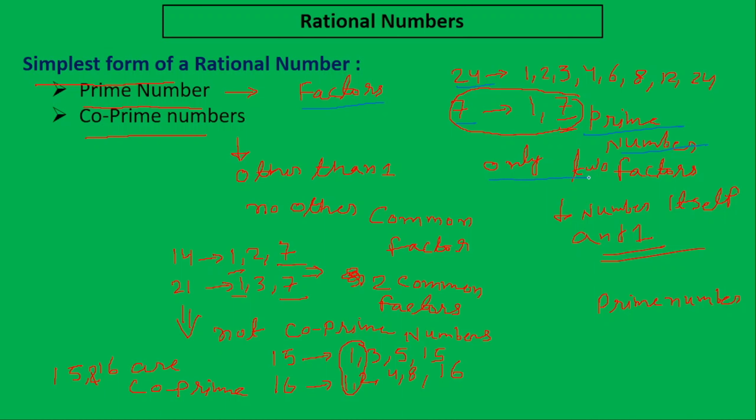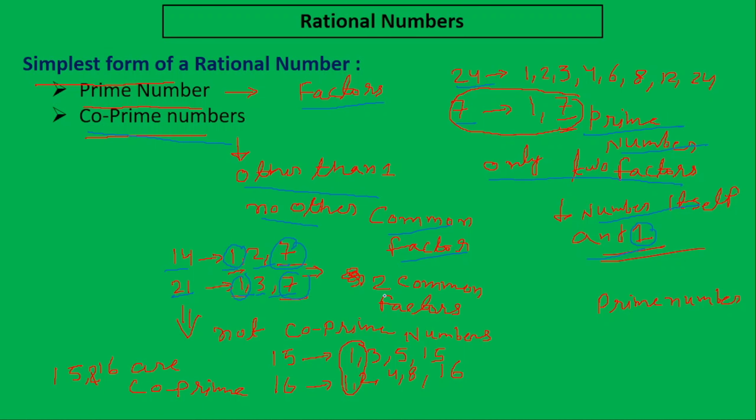So what we have understood: the definition of factor, what is a prime number, and what are co-prime numbers. These concepts: factor, prime number, co-prime numbers. What are co-prime numbers, what are not co-prime numbers. Also one more concept we learned: common factor.